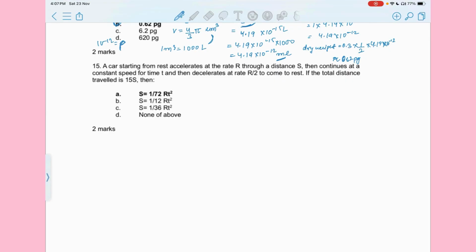Just try to make a graph-like thing. The first says that a car starting from rest accelerates at the rate r through the distance s. We plot a graph of v upon s.